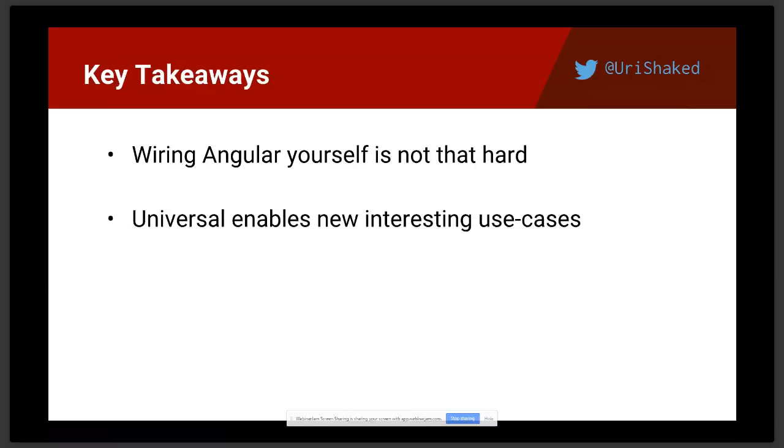And then Angular Universal enables new interesting use cases that were not possible before with AngularJS. One of them is build time rendering, which is very useful if you have a blog or a marketing site or documentation site, or anything that has a lot of content and doesn't require very heavy interaction.